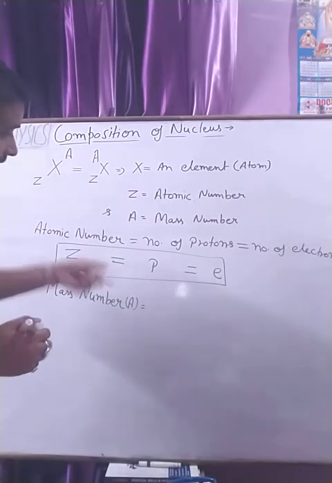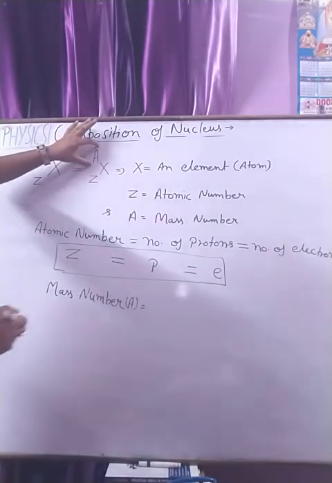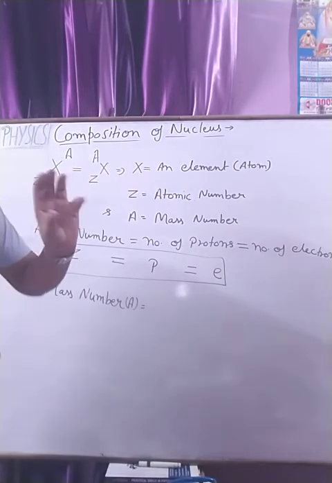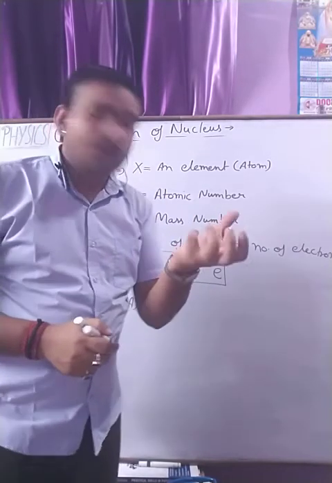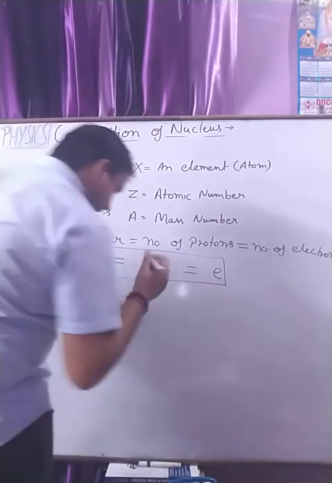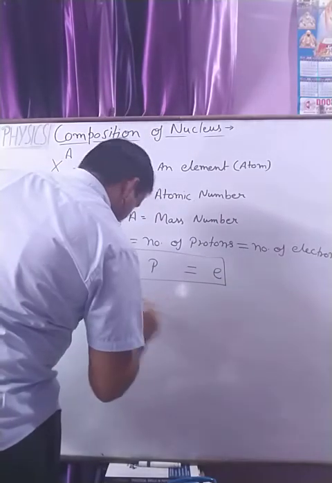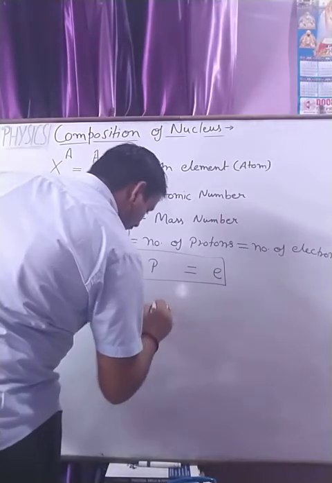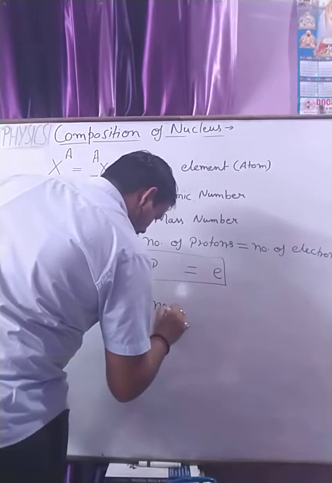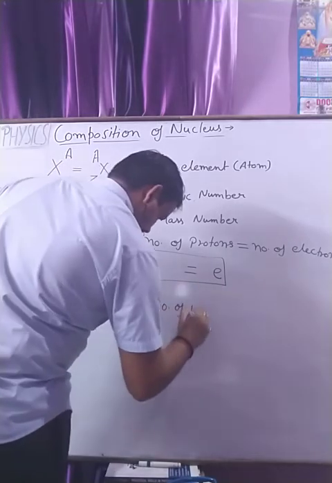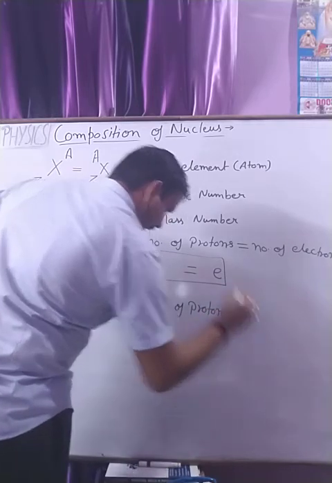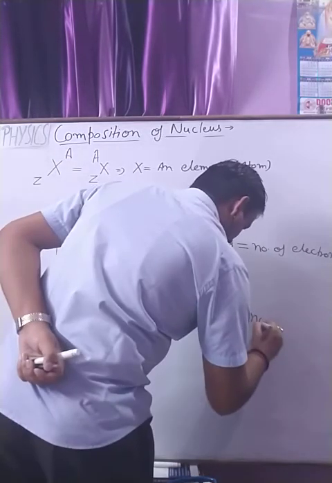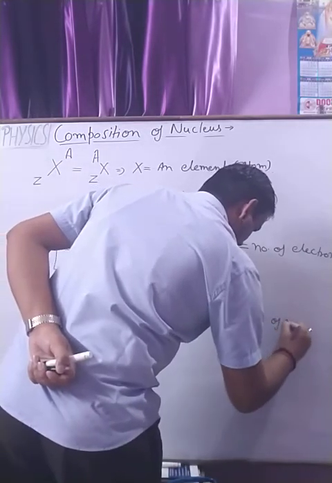So the atomic mass number has two fundamental particles together, and it is the sum of the number of protons and the number of neutrons.